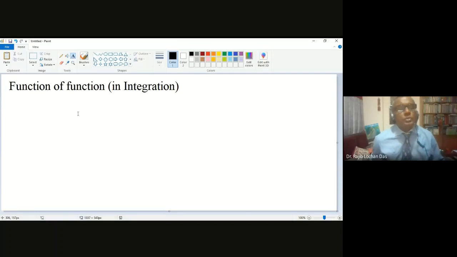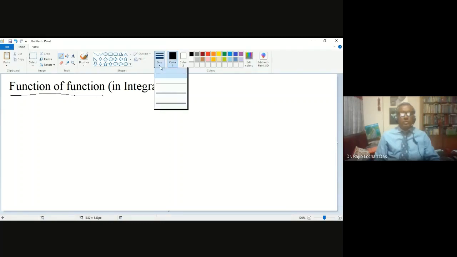The function of function idea is similar, which is why I use the same name, but in big integration books you will not see this term. It is not very popular. Here, what I want to tell you is that the idea you already have from differentiation will help you understand this.